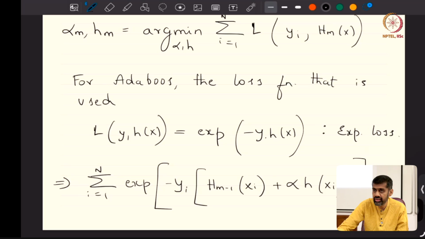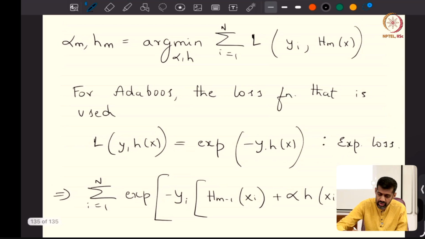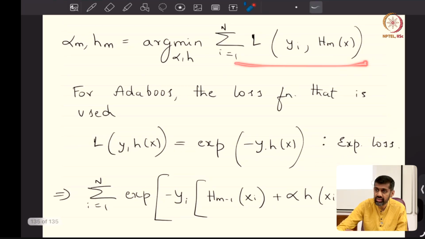It's correct, right? This is the loss function. So, this is what I have written here. All of you with me?